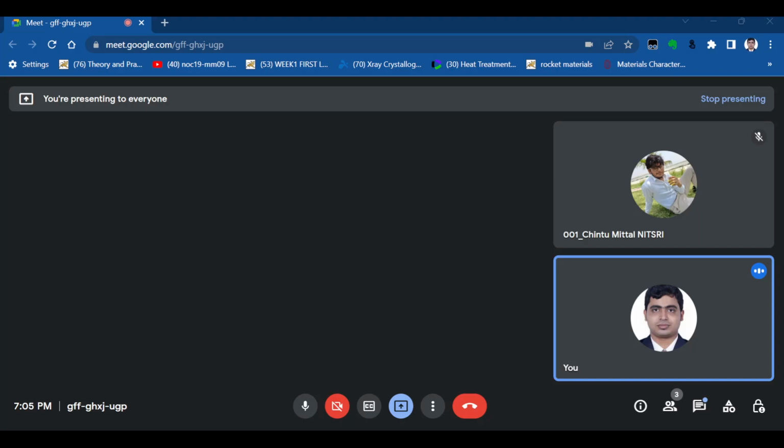So from Tresca criteria, we know that (sigma max minus sigma min) by 2 is equal to tau max, which I have shown here. Already from this figure you can see sigma max minus sigma minimum. Okay, so this is our sigma max, this is our sigma minimum.